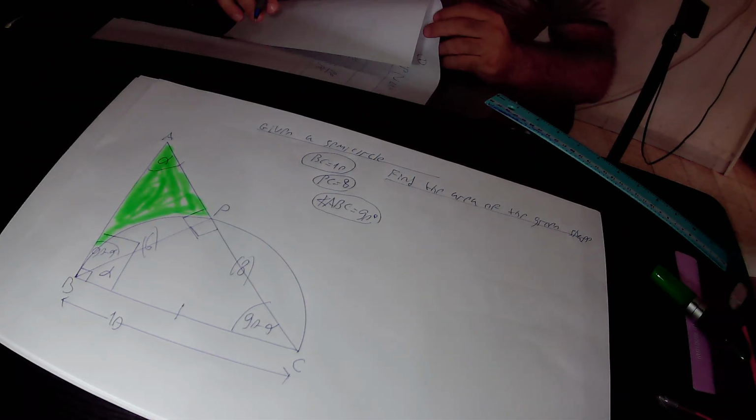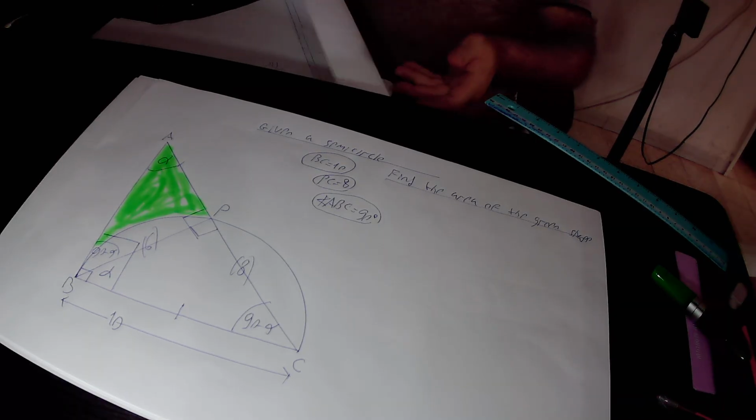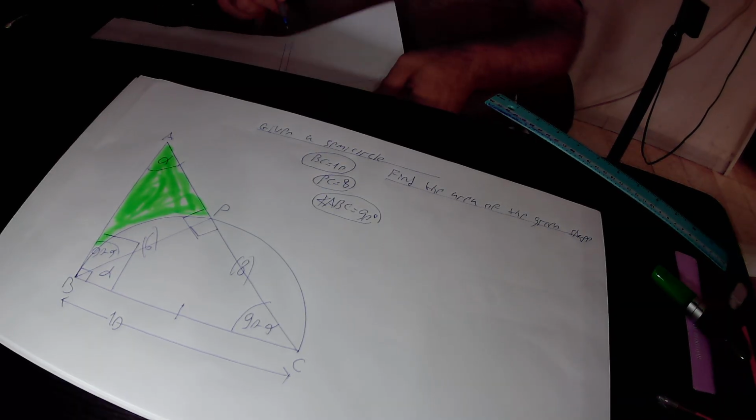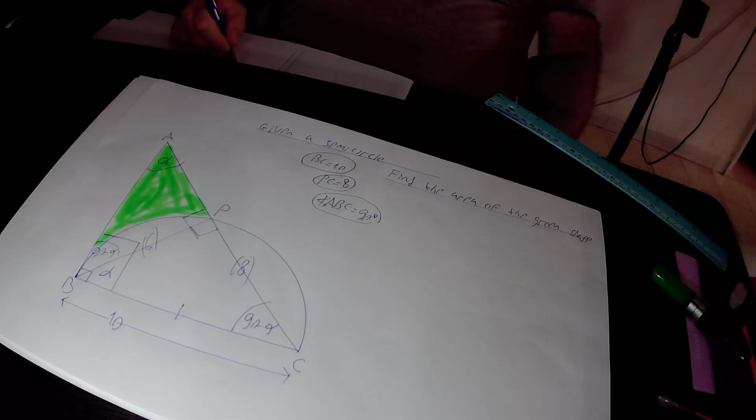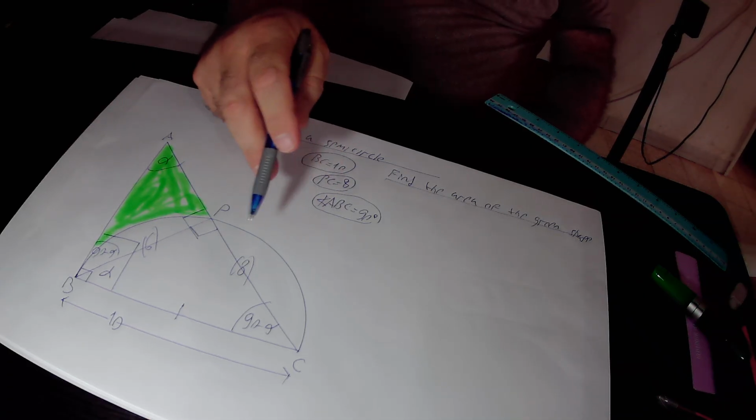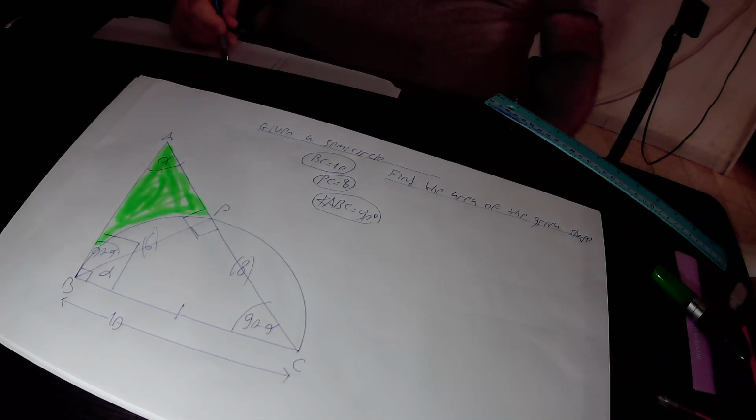AB is the missing side, so we leave it as it is, over BC, BC equals 10 units in its length, and it is equal to AP, AP is the missing side, so we leave it as it is, over BP, BP equals 6 units in its length.